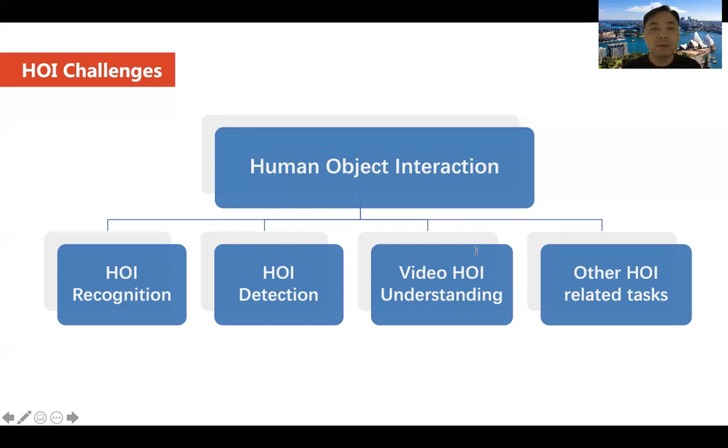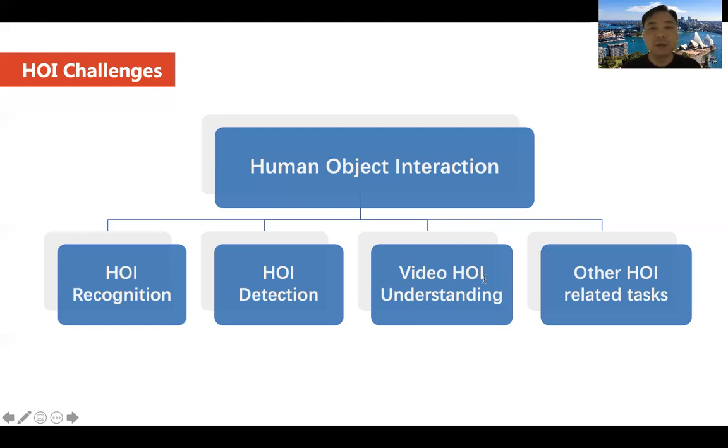Therefore, many approaches study HOI from videos. However, it is usually time-consuming to process the video. The resource requirements of video understanding limit the progress of video-based HOI. Meanwhile, there are few video HOI datasets.